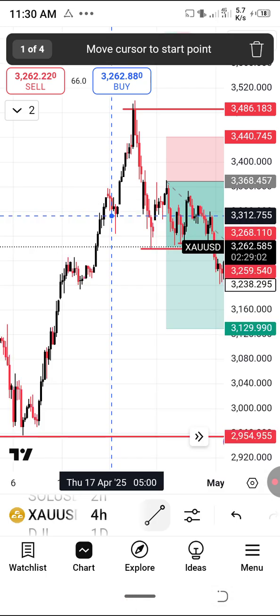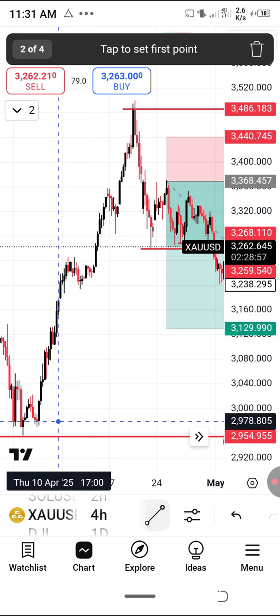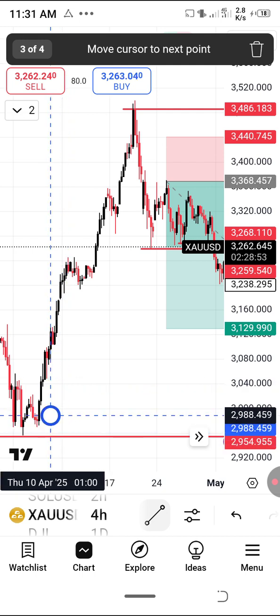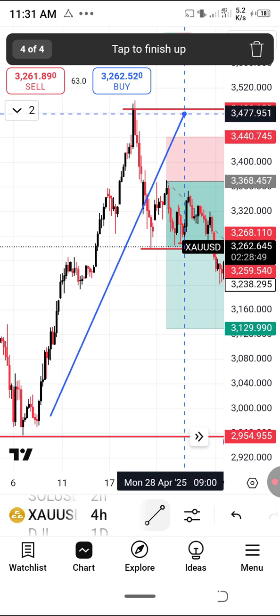Okay, so on this chart, what is it telling us? I'm on a 4 hour time frame. Then we will now check the current price movement. When I mean the current one, not maybe last year, we are talking about the current movement. It's from the current movement that will determine our decision.